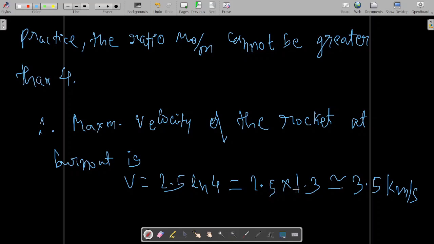But we are talking about a conventional rocket, which is used in everyday life, not in space explorations. So this is quite obvious.